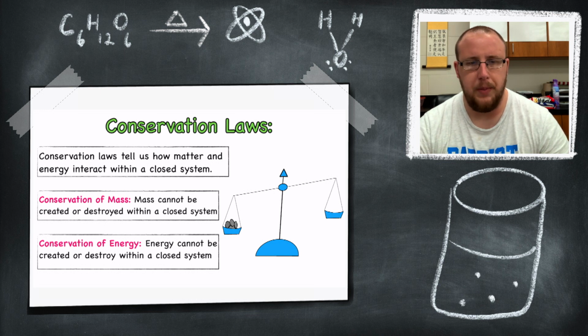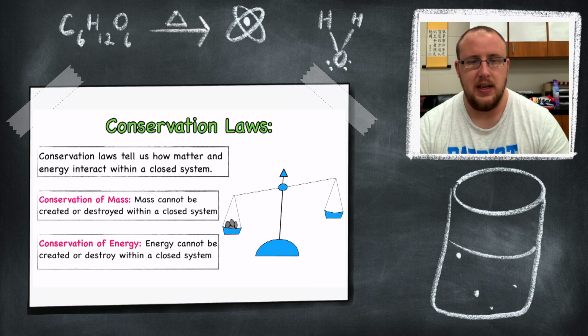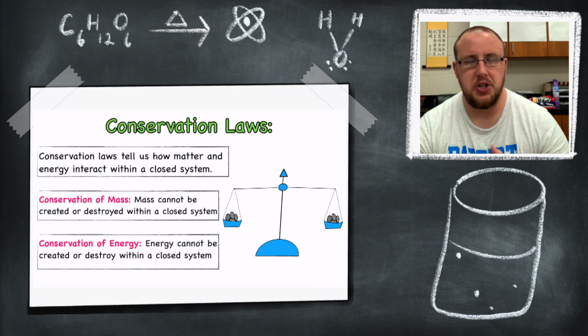There are no other components that are going to mess with that reaction. The law of conservation of mass is the first one we talk about. It says mass cannot be created or destroyed within a closed system, meaning what I start with theoretically should be what I end with. If I have a chemical reaction, how much I start with and how much I end with should be the same, again, with a closed system.